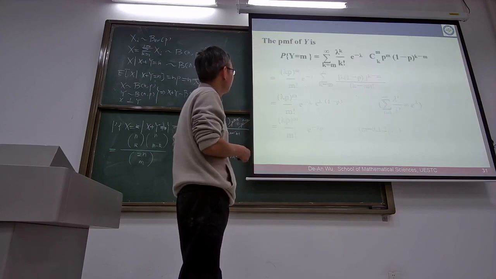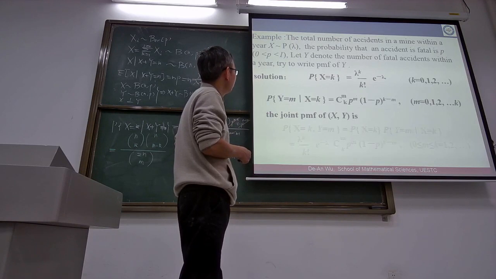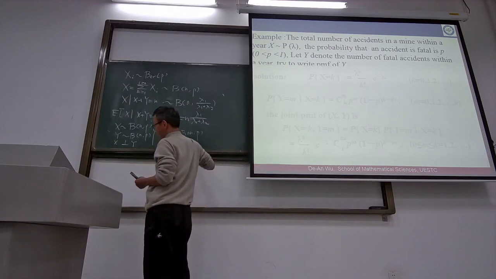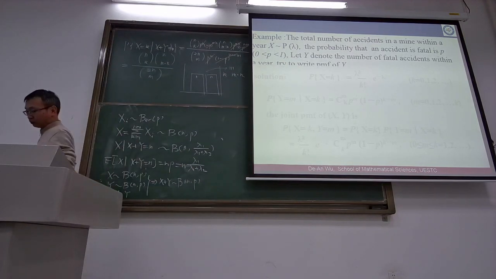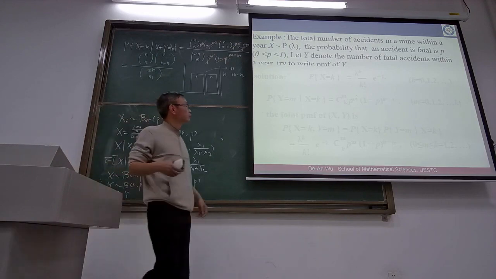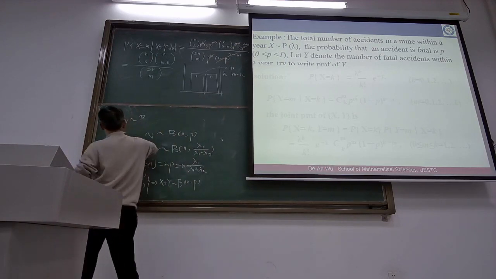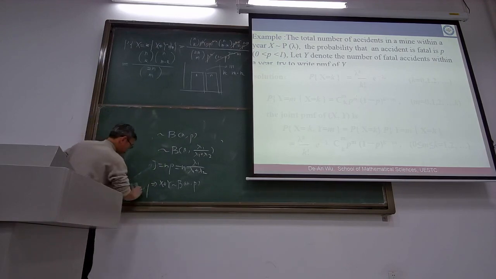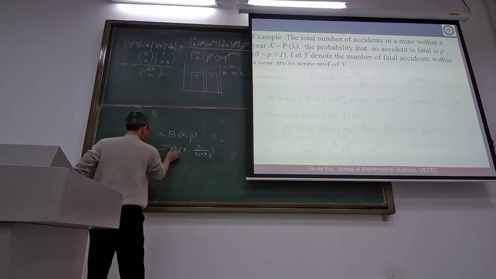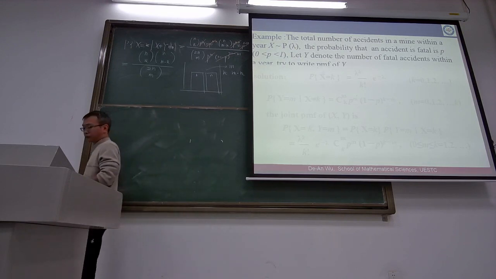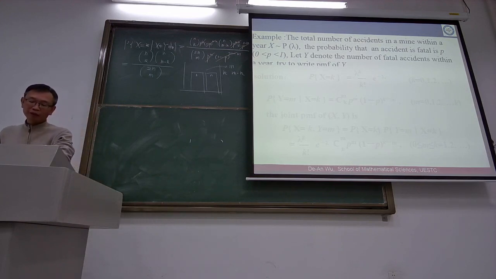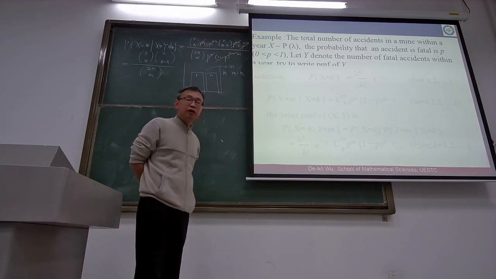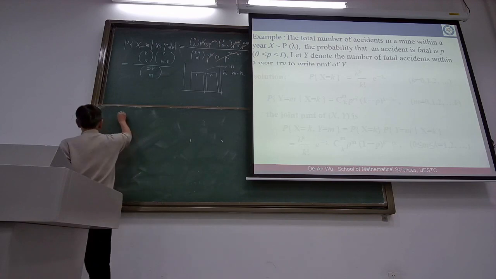We also have a very interesting example. See here. The total number of accidents in a mine within a year follows a Poisson distribution with parameter lambda.